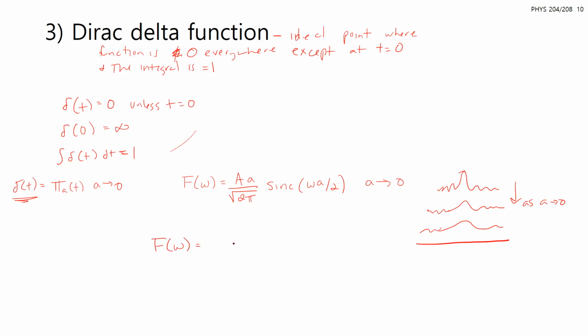What you'll get in the frequency domain is just a constant, and that value will be 1 in the simplest way. So the takeaway from this is that the Fourier transform of a delta function is a constant.